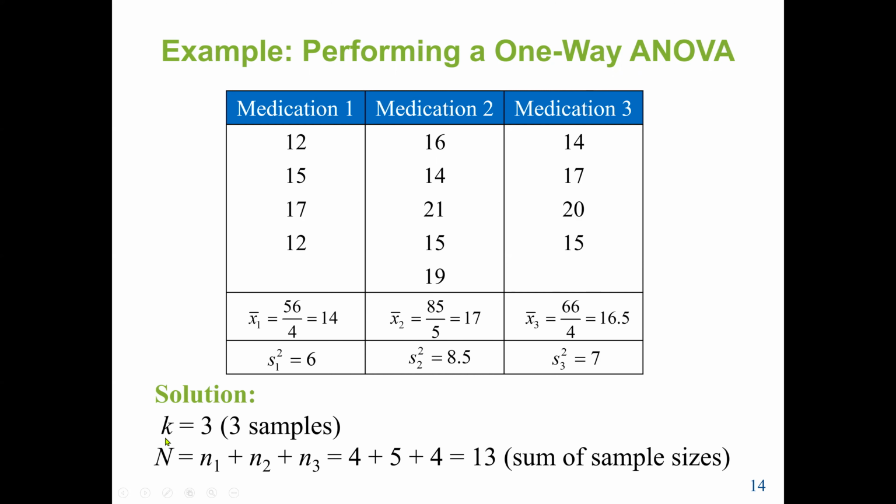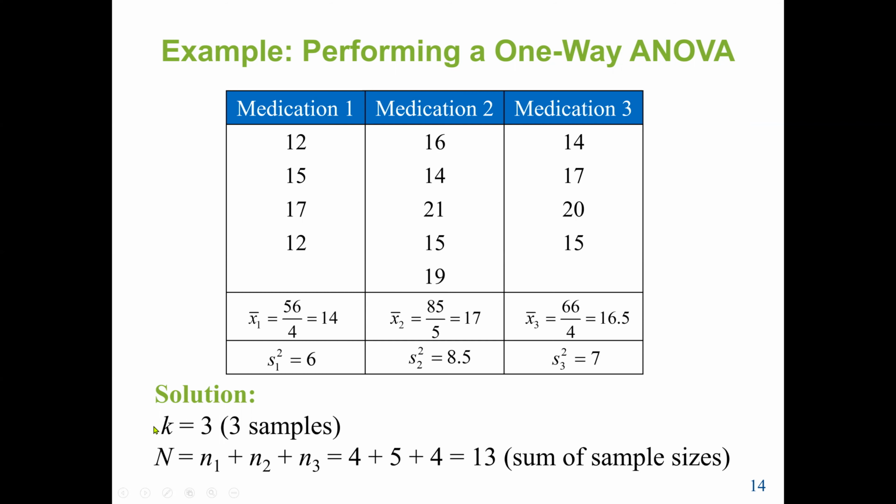So now the solution: K is equal to 3. Why? Because we have 3 samples. And N will be N1 plus N2 plus N3. The first is 4, the next is 5, then 4 again. So 4 plus 5 plus 4 is 13. That is the sum of the sample sizes.